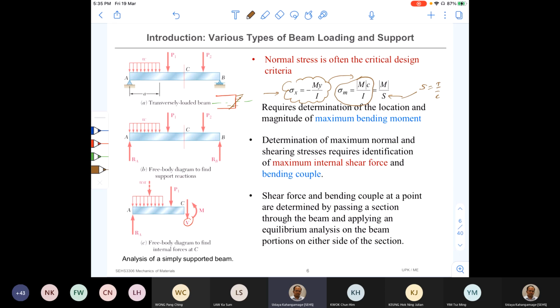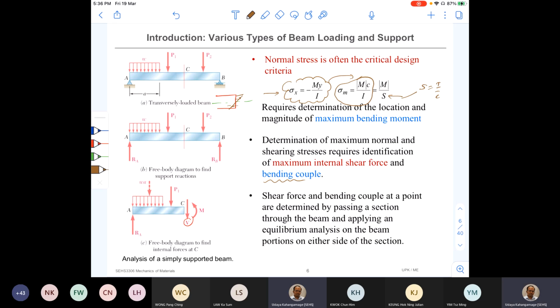Okay. Right. So now to design this member, we are going to find the maximum stress using the bending formula. For that, we need to find the maximum bending moment, right?